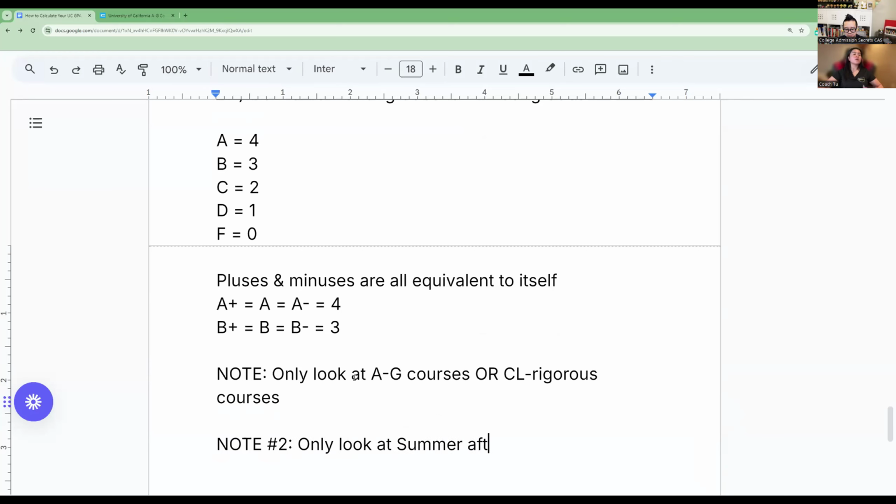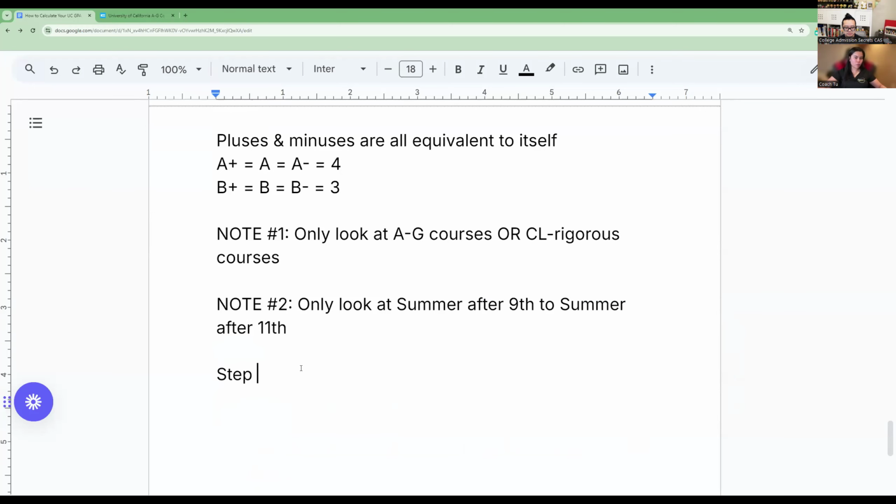So these are the caveats and rules we have to follow when calculating the UC GPA. Then the last two steps will be the same: adding all the honor points together, then dividing by the number of grades that you have total.